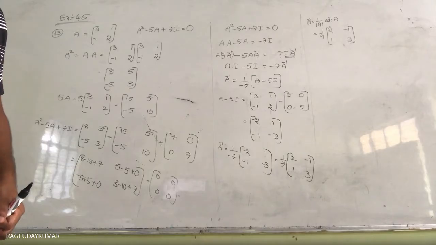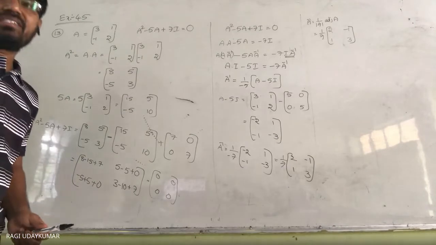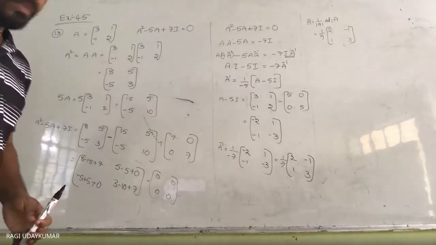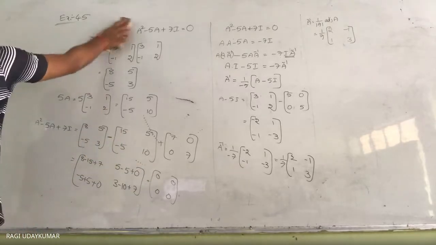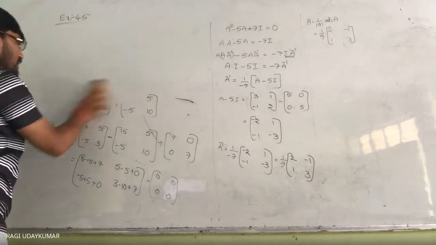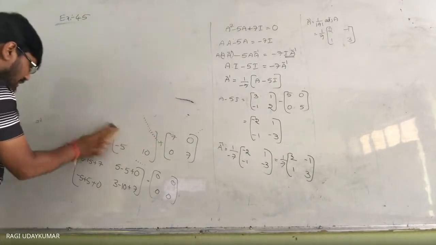Yes, sir. Okay. Next, in the same way, the 14th problem: matrix A is given as 3, 2, 1, 1. Find the numbers a and b. Okay, I'll explain that one also. You may get confused. Actually, these problems are not that important from the examination point of view.